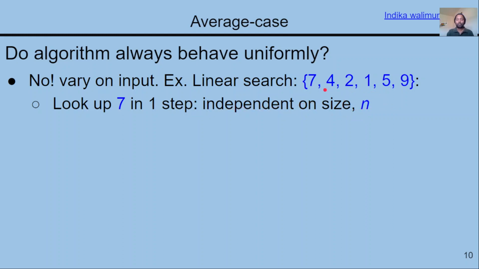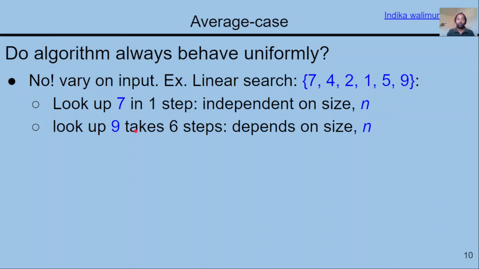If we take this array, it takes just one step. If we have an array with a million elements, and 7 is still sitting as the first element, it still takes one step. So it's independent of size.